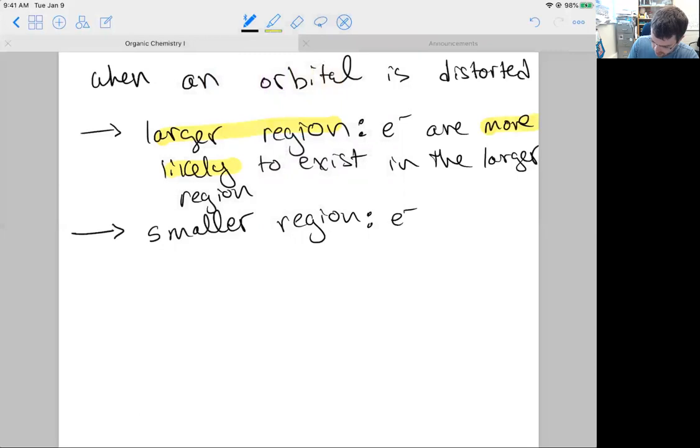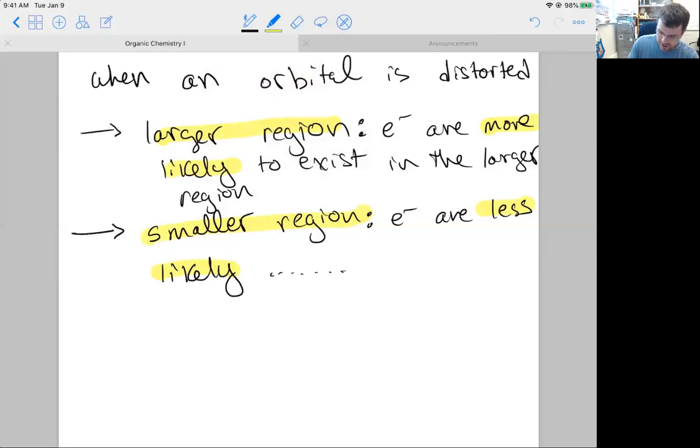Smaller region, less likely. Now that's just kind of thinking through, electrons exist in orbitals, these spaces or volumes. And so if we make one part of them larger or smaller, then we will kind of encourage electrons to be there or not be there in those respective spaces.